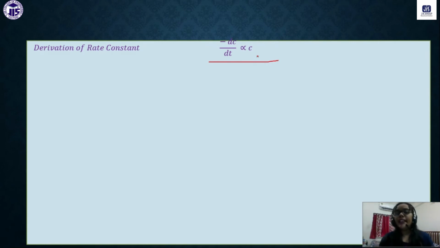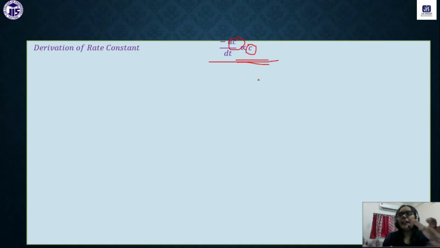C is the concentration of oxygen at time t. So dC/dt means the change of concentration of oxygen with respect to time. Now, why is it proportional to the concentration of oxygen?